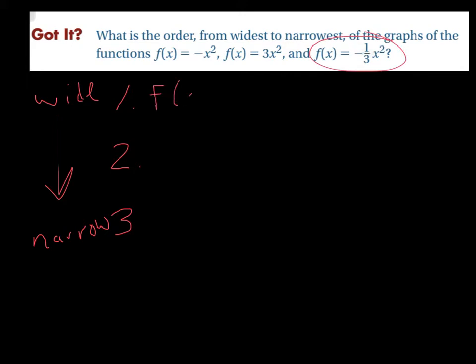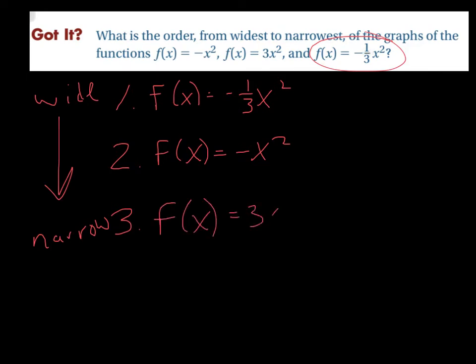So our widest function is going to be the f of x equals -1/3 x squared. The next widest function would be the f of x equals -x squared. The absolute value of its coefficient is a 1, and the narrowest of the group is going to be the f of x equals 3x squared. So the larger the absolute value, the narrower the graph is going to be.